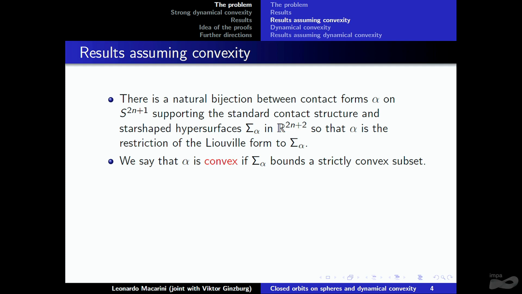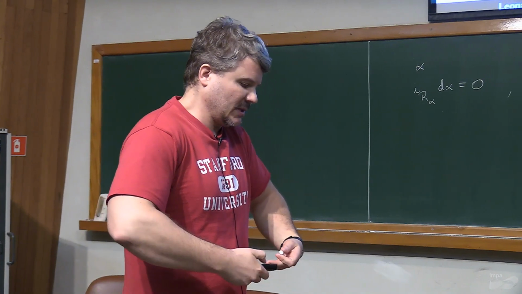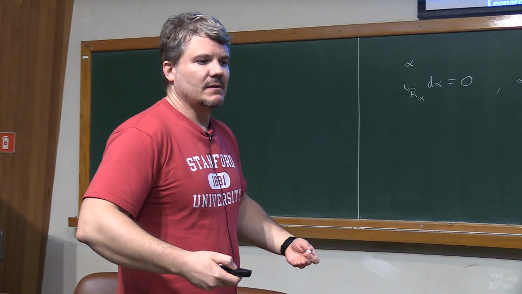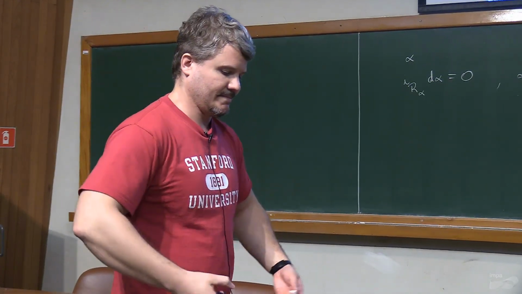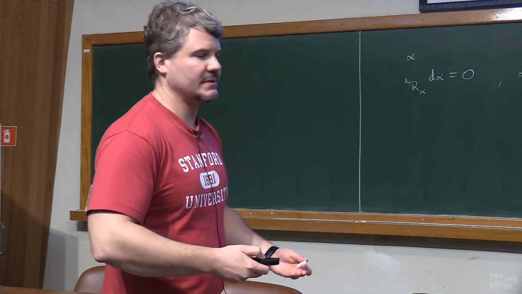Okay? This is my definition of convex contact form. And it turns out that for convex contact forms, we have much better results for the number of simple periodic orbits, for the minimal number of simple periodic orbits.